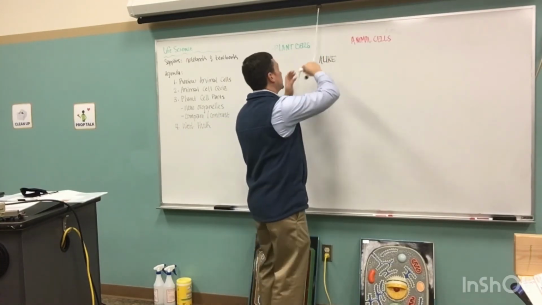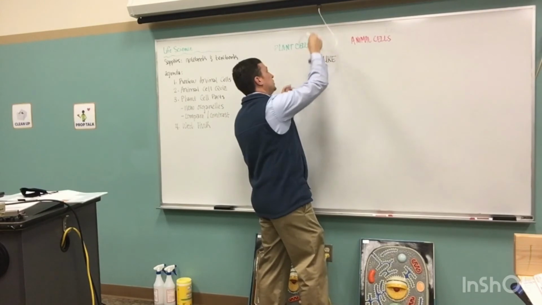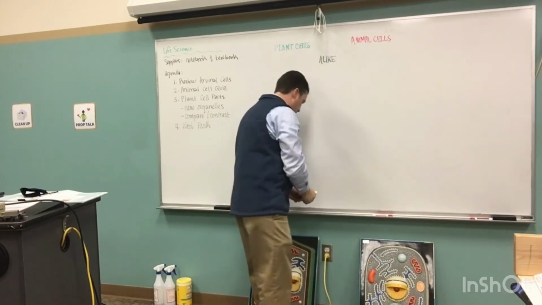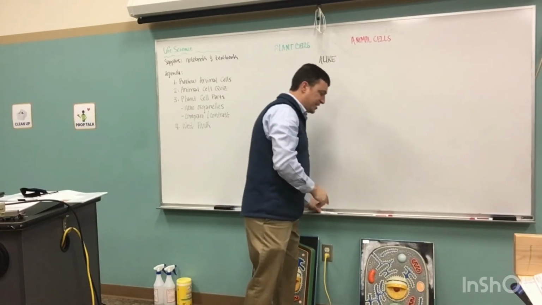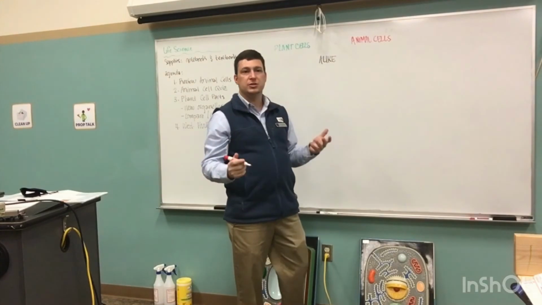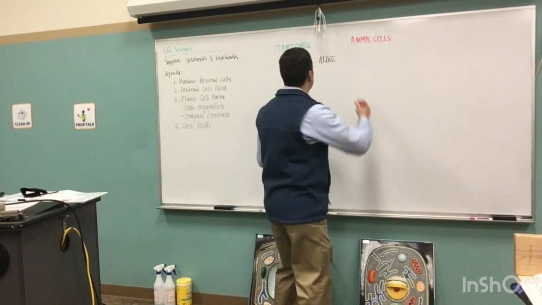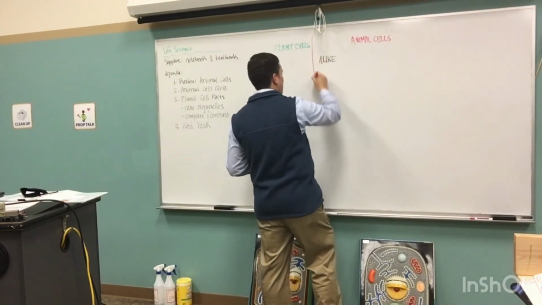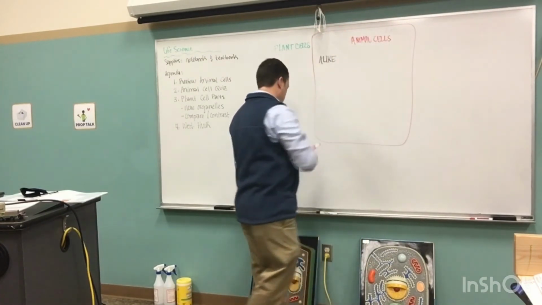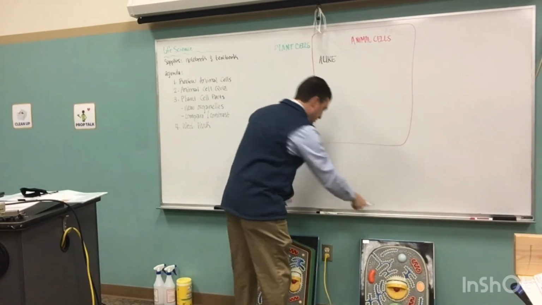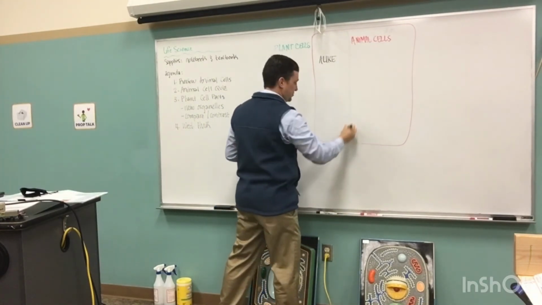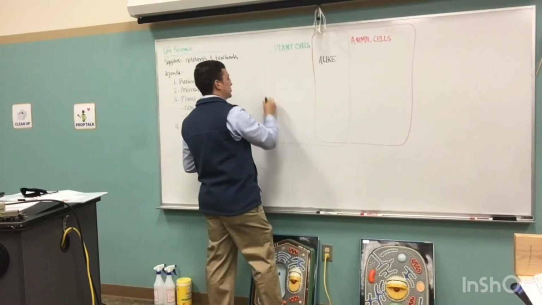Get the string out of the way here. Now, when you make Venn diagrams, you were probably taught to make two giant circles, weren't you? I always struggle with fitting all my information in the circle. So what I like to do is make boxes. Can we use circles? You can use circles. Okay. Like I say, I just like boxes because you can fit more information in a box than you can in a circle.